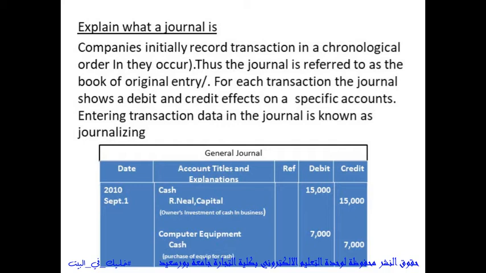If we have owner's investment of cash in the business for $15,000, the cash will be debit and the capital will be credit for $15,000. If we have purchase of equipment for cash for $7,000, the computer equipment will be debit and cash will be credit for $7,000.